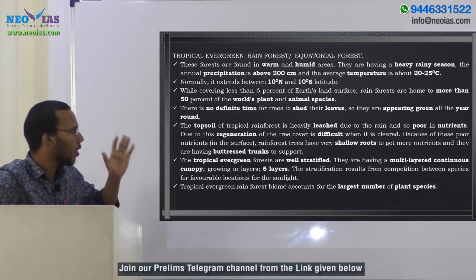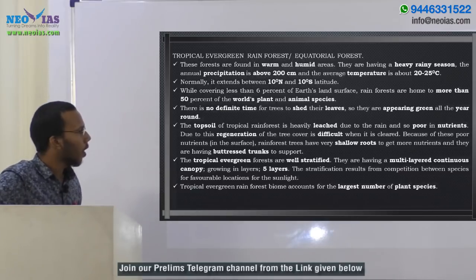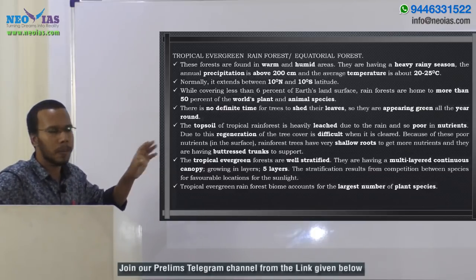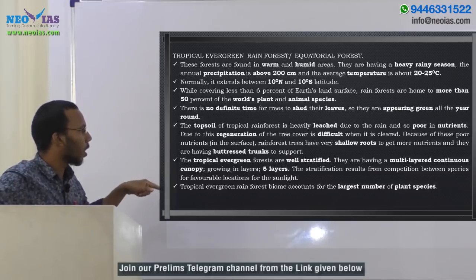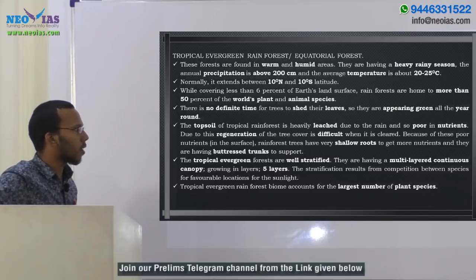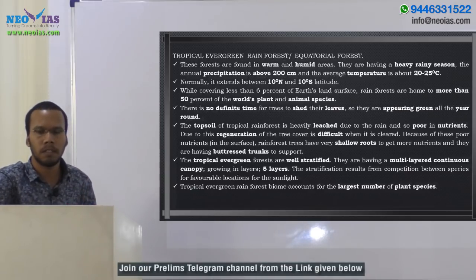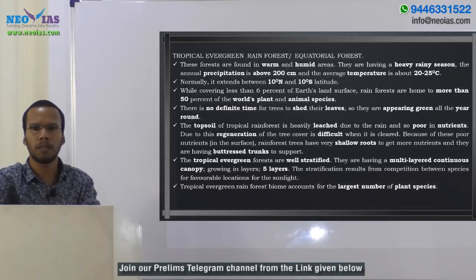That's why we say it is well stratified, with a multi-layered continuous canopy. The equatorial forest has a continuous canopy, growing in 5 layers. This stratification results from the competition between species for favorable locations for sunlight. You might have seen some coconut trees bending over in order to get sunlight, right?